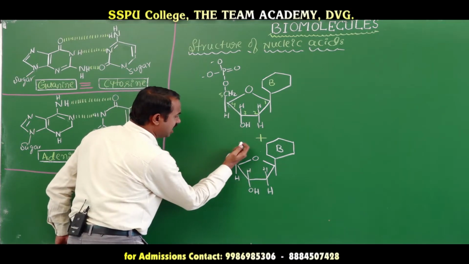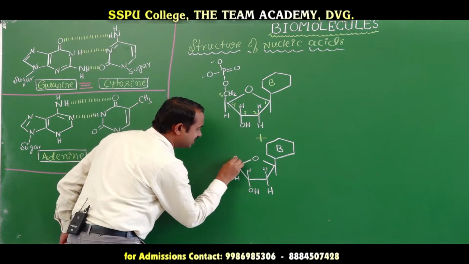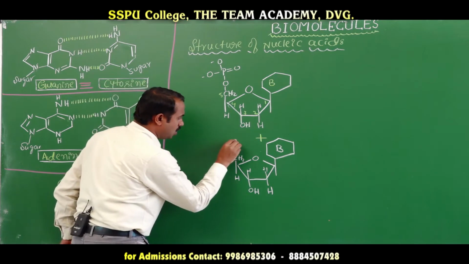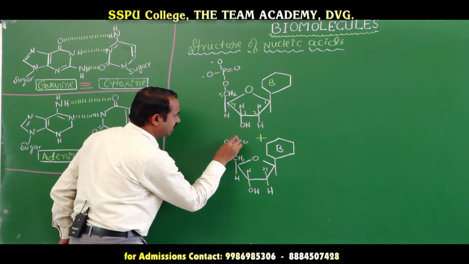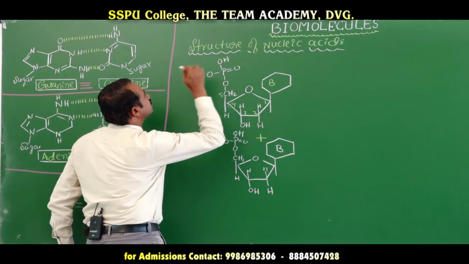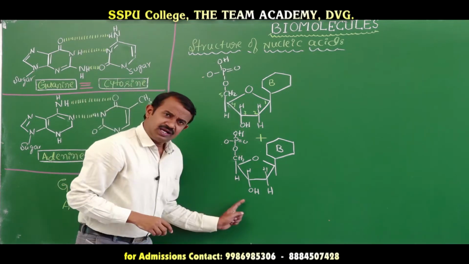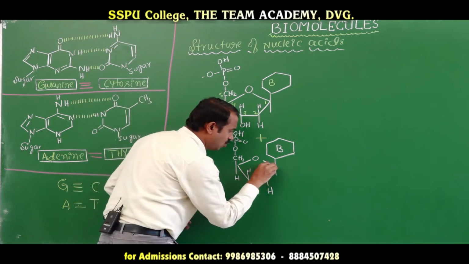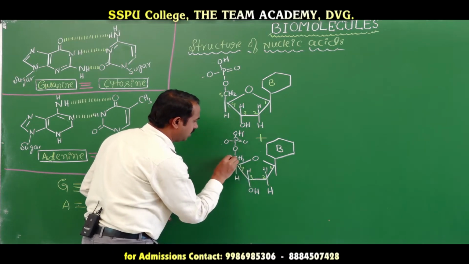Here also CH2O phosphoric acid, double bond O minus OH. Here also we can write OH. This is another nucleotide. Here also numbering: 1 carbon, 2 carbon, 3 carbon, 4 carbon, 5th carbon.